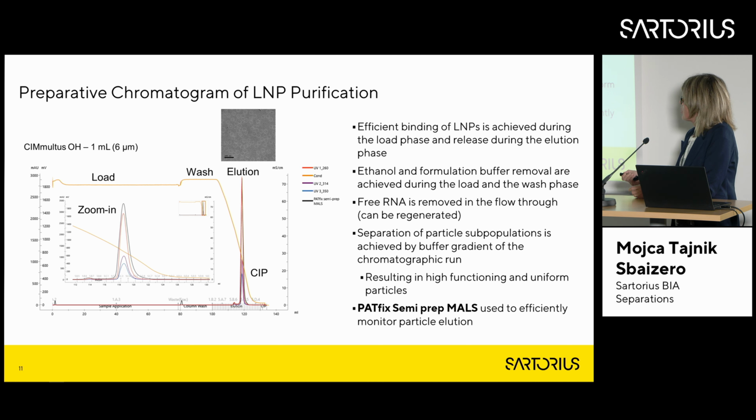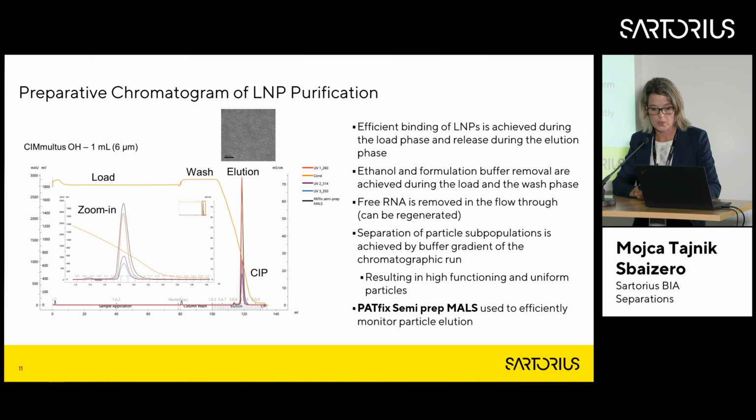During the purification, some separation is also achieved, so you can study this based on your product. I will tell a little bit more about this later. And then you obtain this elution fraction that is highly functional and uniform. I will now show you with several examples.